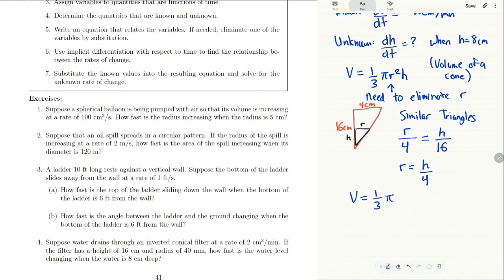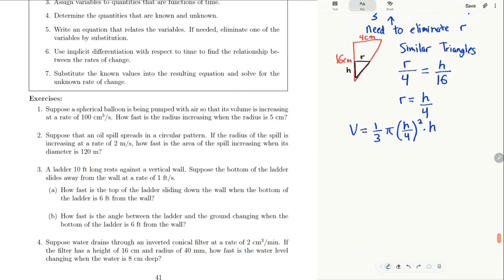So the volume is going to be 1/3 times pi times (h over 4) squared times h. Now let's simplify our formula. We have 1/3 times pi times h squared over 16 times h, which is pi over 48 times h cubed.